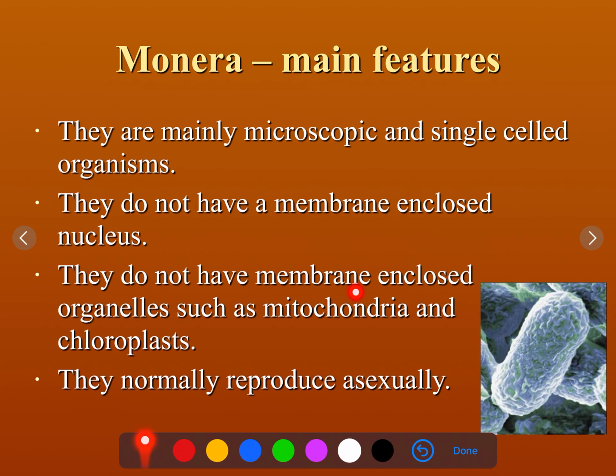They do not have membrane enclosed organelles such as mitochondria and chloroplast, and they normally reproduce asexually, meaning that if this is the parent bacteria, this will go through asexual reproduction to make another, and we'll look at how that happens in the specific Monera chapter. Okay, so these notes here, I do need to take down under the heading of Monera.